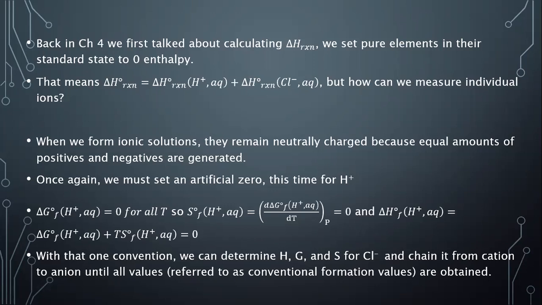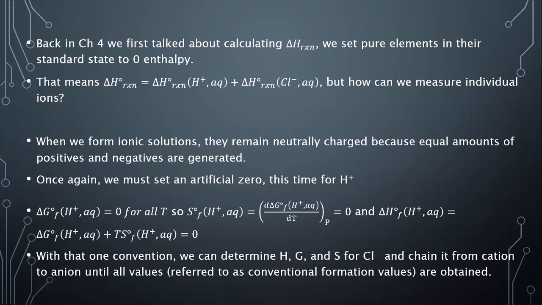So for the enthalpy of this reaction, the H plus and Cl minus, we just measure Cl minus and say H plus is 0. And then if we measure something else, say Li plus and Cl minus, and we know Cl minus, we can measure Li plus, and so on, and daisy chain this way down the row.